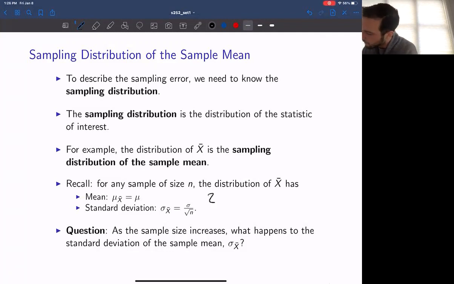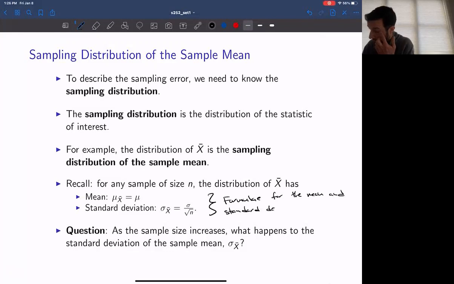Okay, so these are the formula for the mean and standard deviation of the sample mean. And we can always utilize these formula. If we know mu and we know sigma, the population parameters, we can easily compute mu x bar and sigma x bar.